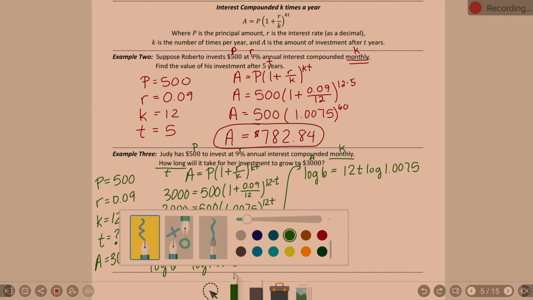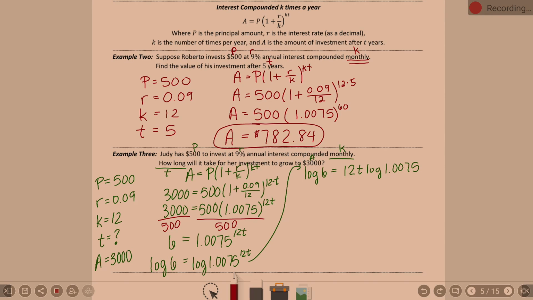Would you divide log 6 by log 1.0075 and 12? You can, but we have to be careful how we enter it on the calculator. Here's the deal, guys. On this right side, I have 12 times t times log of 1.0075. Multiplication is holding all three pieces together. How do we undo multiplication?